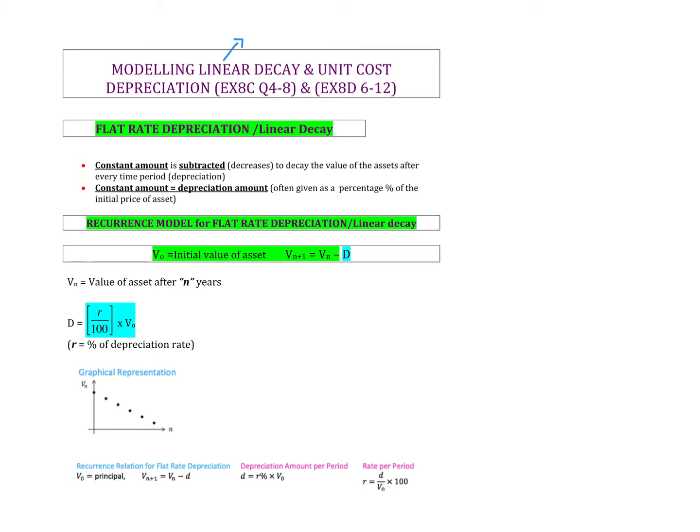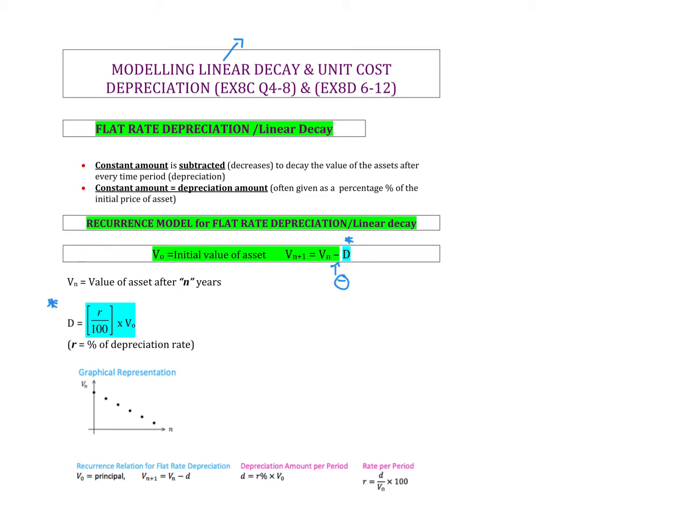That's when a constant amount is subtracted. You can see here that's that D value, and it's being minused there. That's the decay. The same as with simple interest, the amount that we're subtracting is a percentage of the original amount.